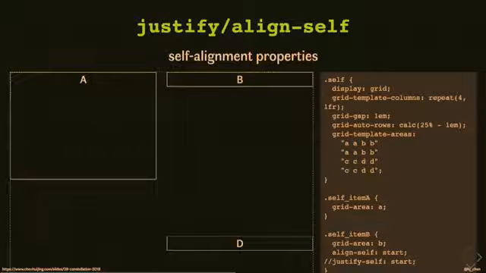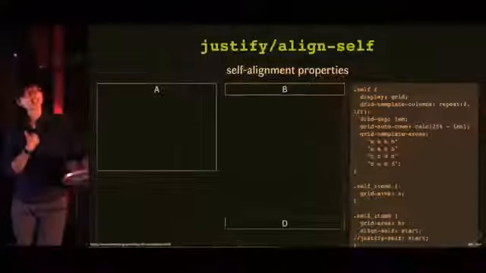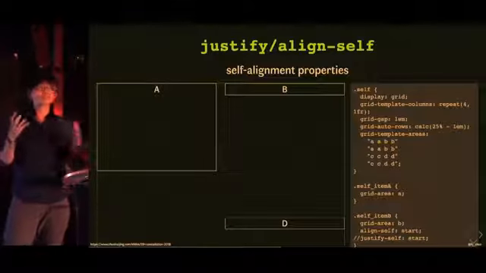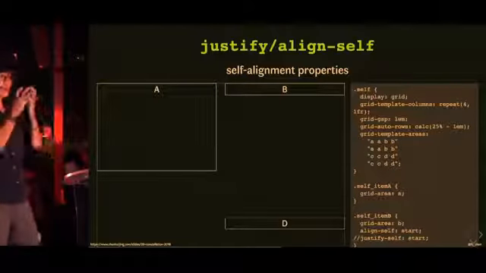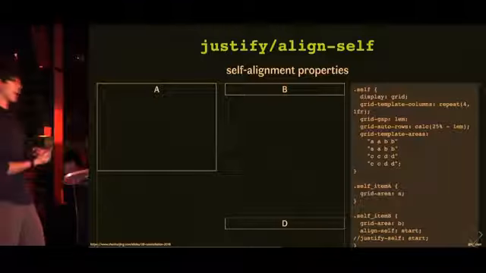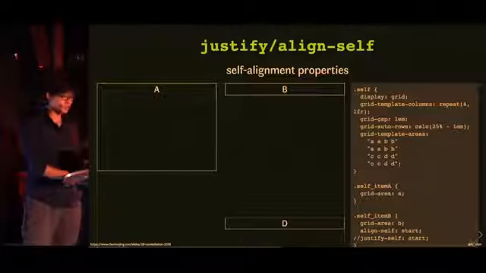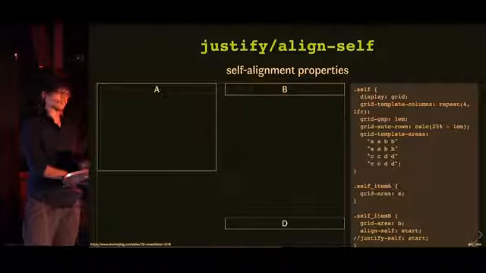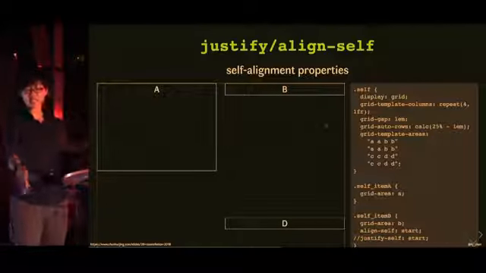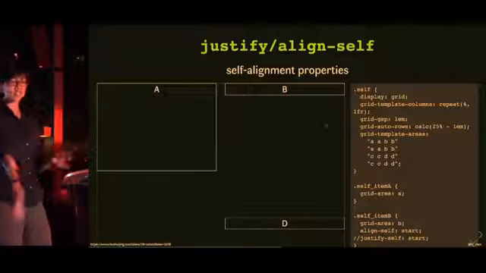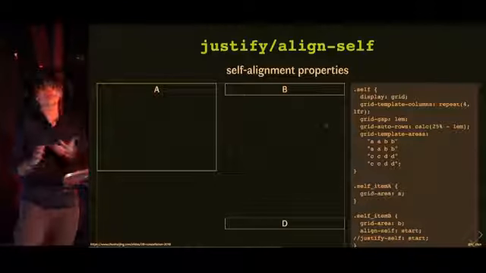Now, justify and align self are self-alignment properties. So you use these to align the content within each grid item. And similarly, you use the values of start, center, and end. Because my slide is cut off, you probably can't see, but item C is aligned to the end. The default value is stretch.